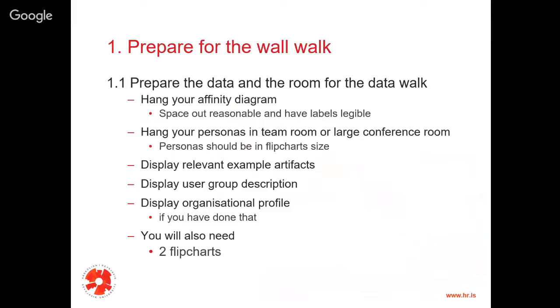So first of all, you prepare. So you take the data. So you hang your affinity diagram on the wall. So you have to have a space reasonable and have the labels legible. Like people have to be able to read it.